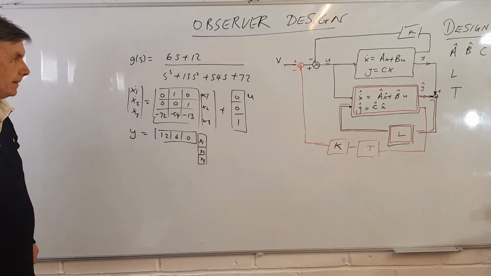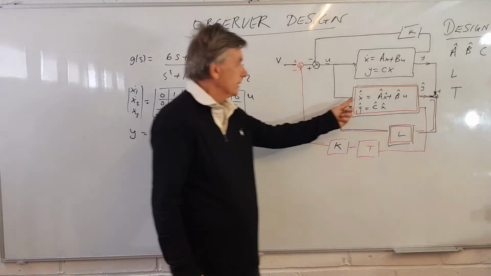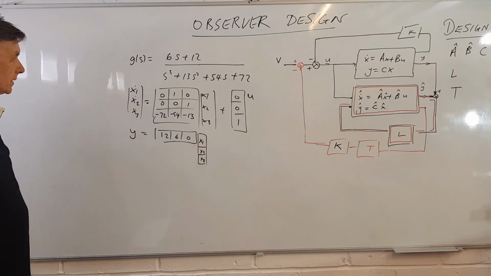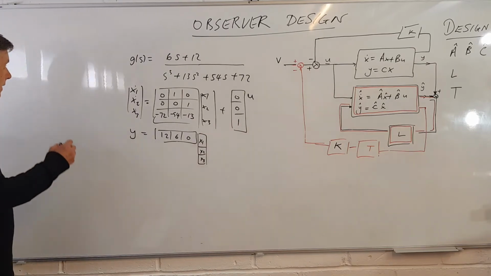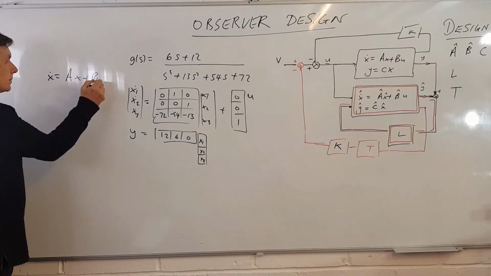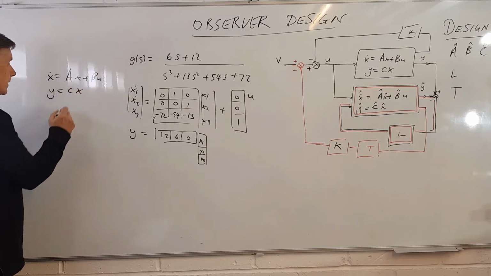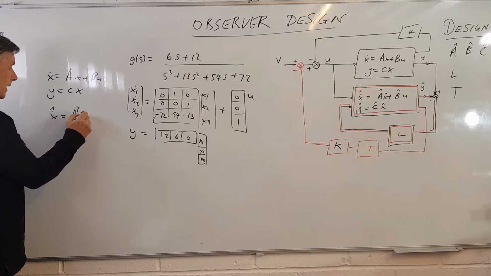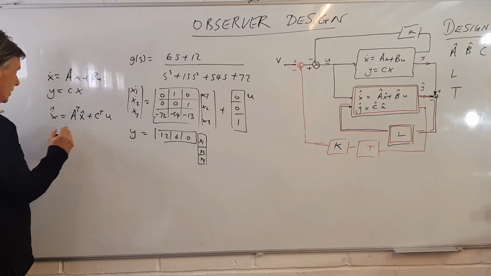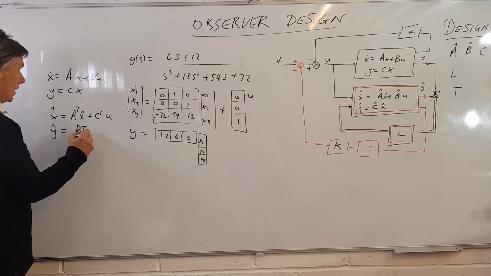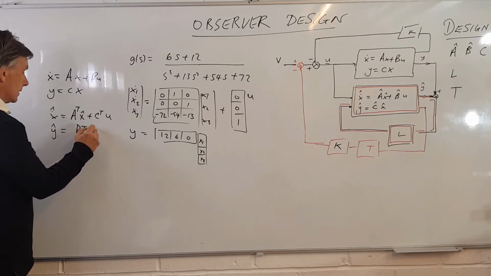Next thing we've got to do is to design our observer. Now this is very straightforward, because what we're going to do is use the transposed system. So in the transposed system, if we've got state space equations, x dot is Ax plus Bu, y equals Cx, we convert these into x hat dot is A transposed x hat plus C transposed u, and y hat equals B transposed times x hat.